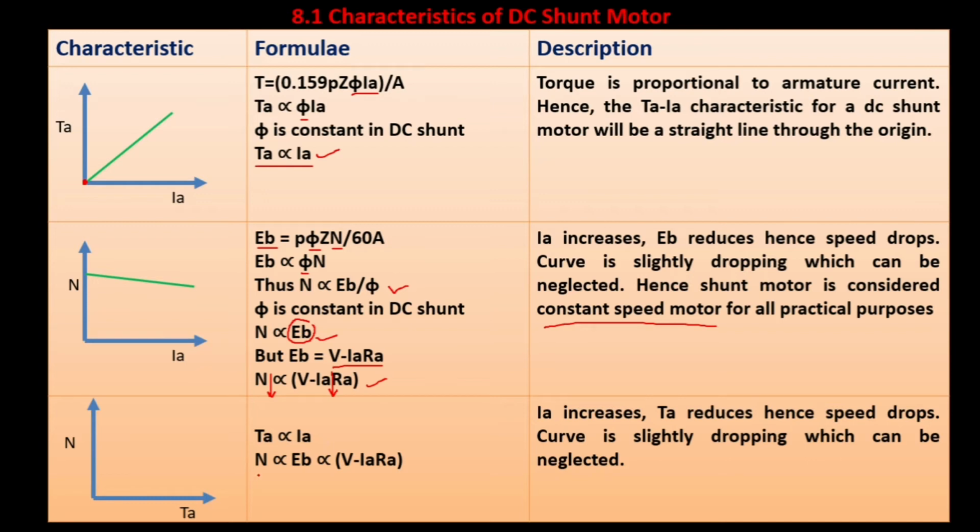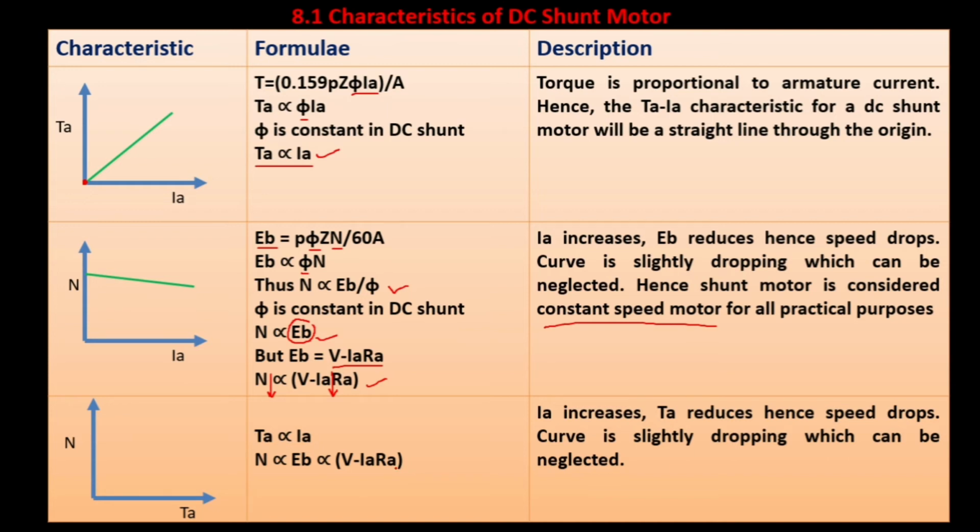I want to relate the torque and the speed, correct? Now we also know that N is directly proportional to V minus IaRa. From here this conclusion we take. Okay, now if torque is directly proportional to Ia, and N is directly proportional to V minus IaRa, what can be done? So what would be the relationship in between torque and armature current?